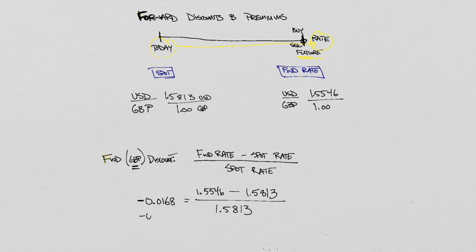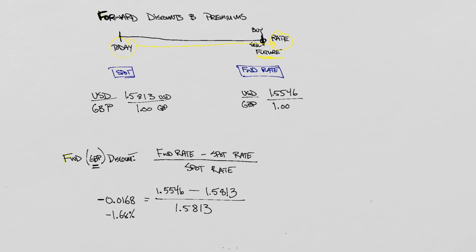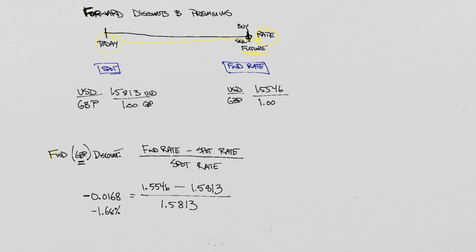Now, there's one other thing that we need to be aware of when we're talking about forward premiums and discounts, and that is the length of time between this spot rate and this forward rate. Because this is just some percentage number, but is it for 6 months, or is this 1.68% for 12 months? That depends on how far away this forward rate is.